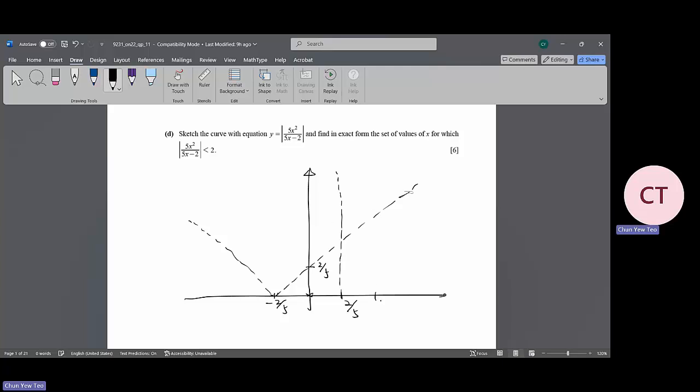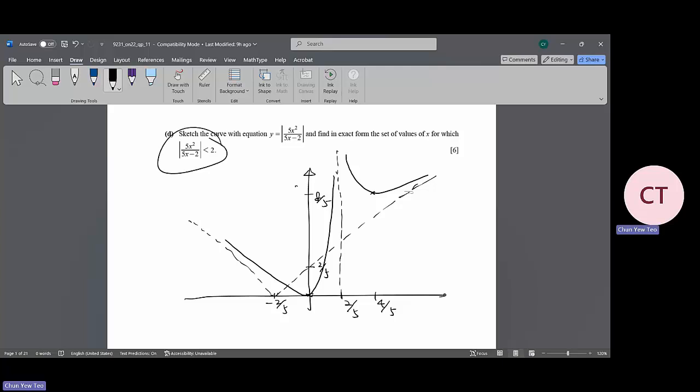This is 4 over 5. This is 8 over 5. This part is not affected by the modulus. This one, after you reflect, will become something like this. Okay, so this is what we have.